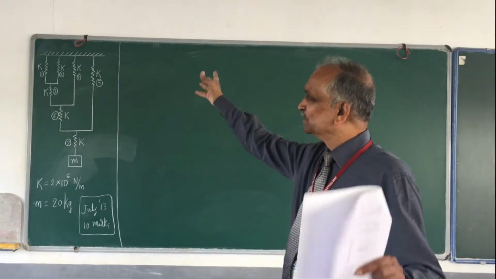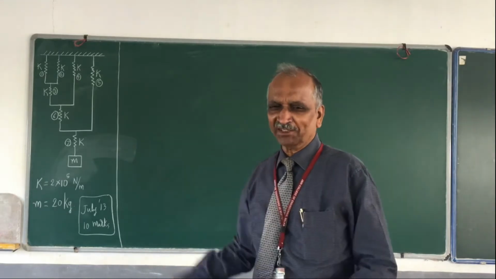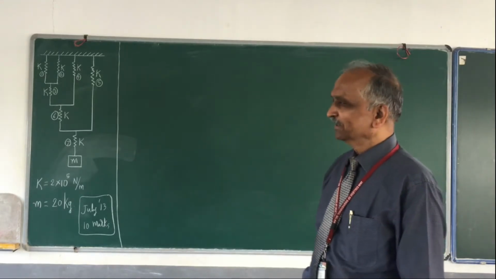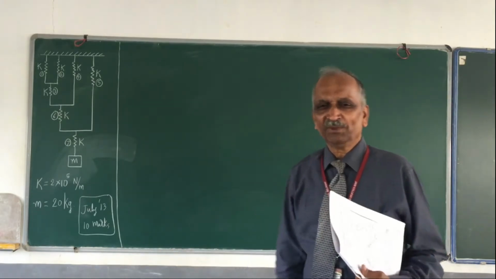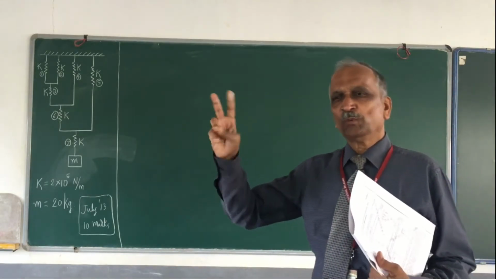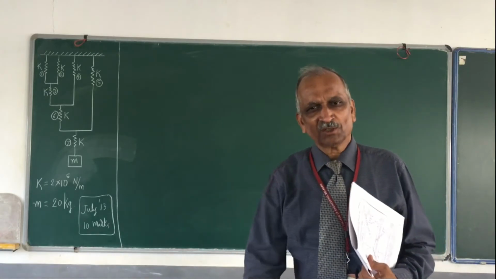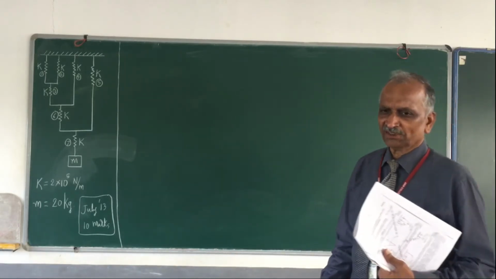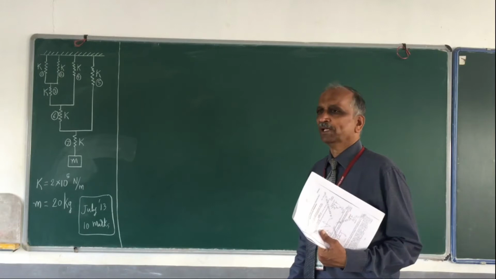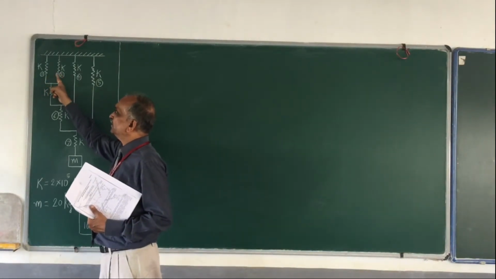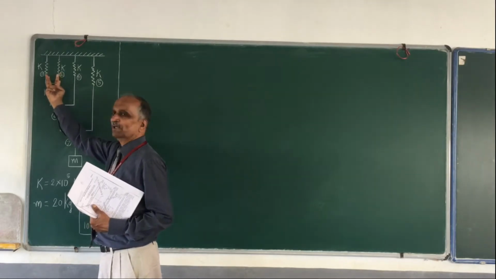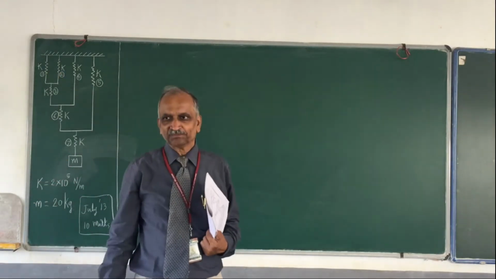So here I have springs which are arranged in different manners. When you have a combination of springs, they may be arranged in 2 possible ways. One is called springs in series, the other is called springs in parallel. For example, if I take spring number 1 and 2, I call them springs in parallel.